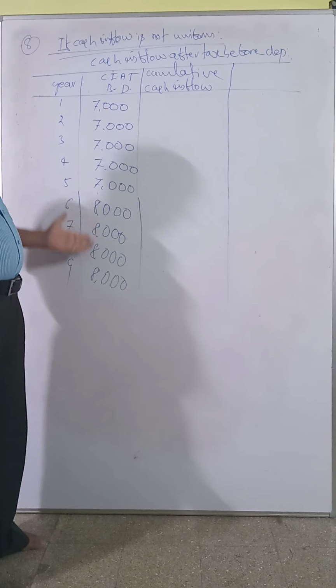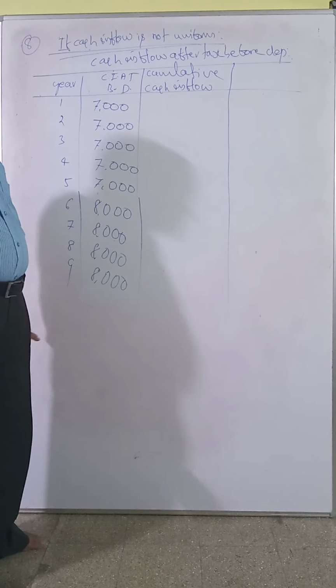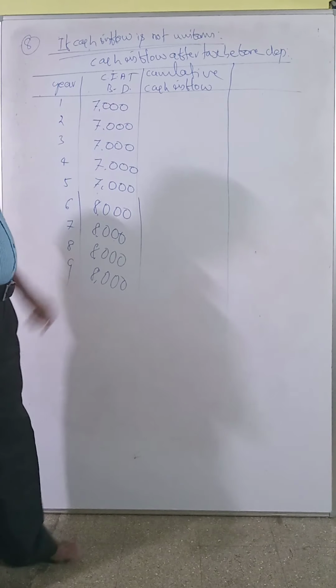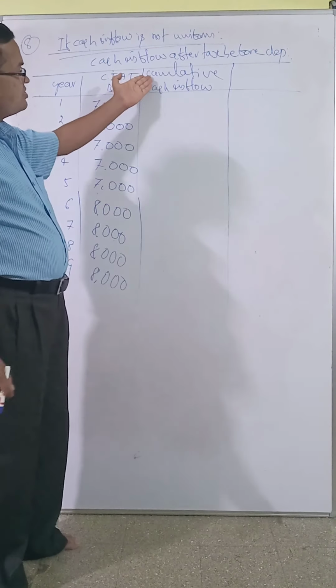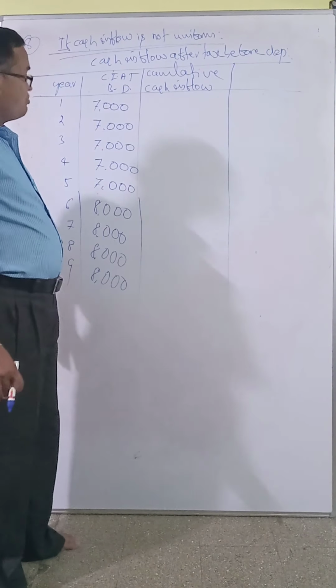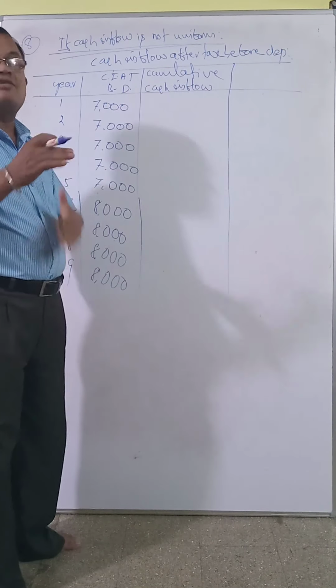See, the cash inflow is not uniform: first it is 7,000, then 8,000. Now if the cash inflow is not uniform, you have to make another column called cumulative cash inflow. Cumulative means add.